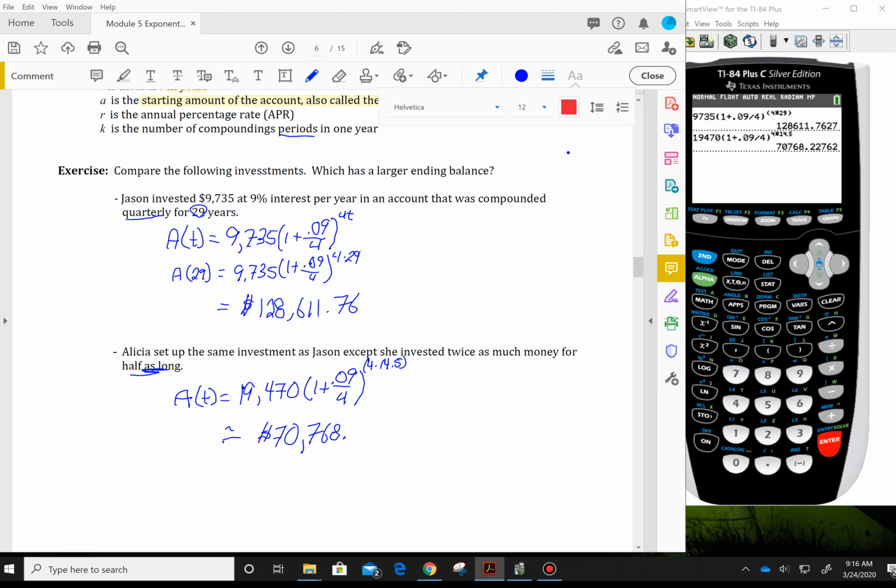Again, since we're talking about money, let's round this to the nearest penny and call this 23 cents as the value of Alicia's investment. Notice that even though she invested twice as much money, she only used half as much time, and that dramatically affected how much interest she was able to earn over the lifetime of her investment.